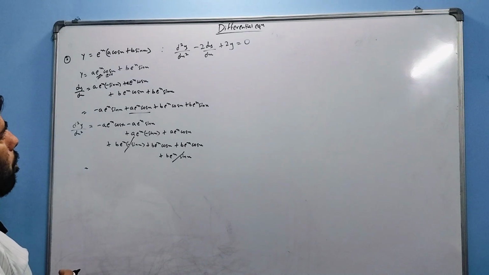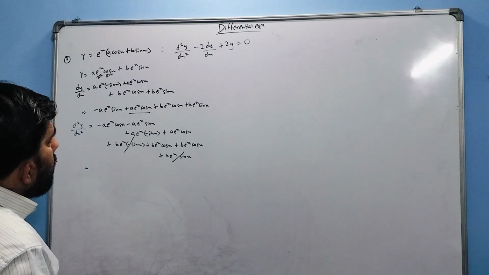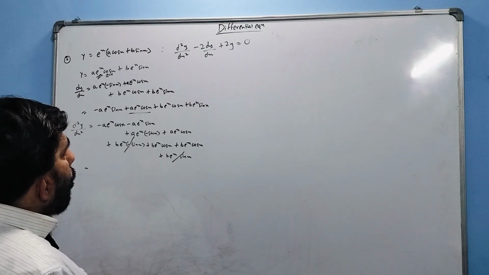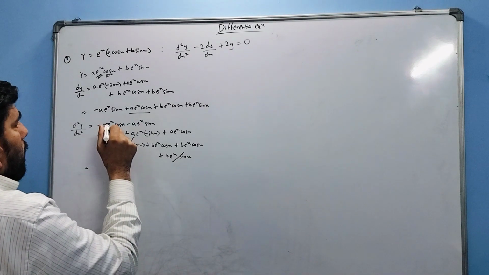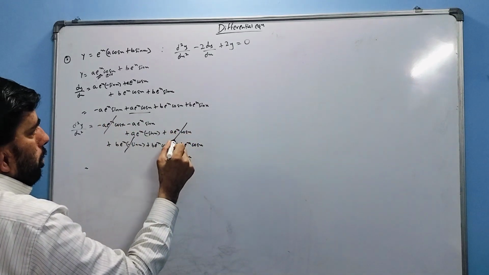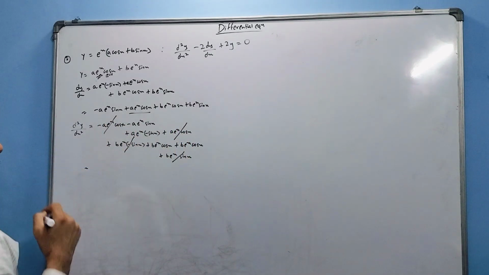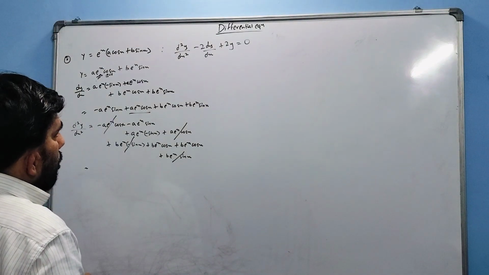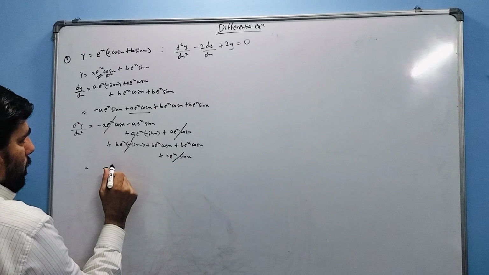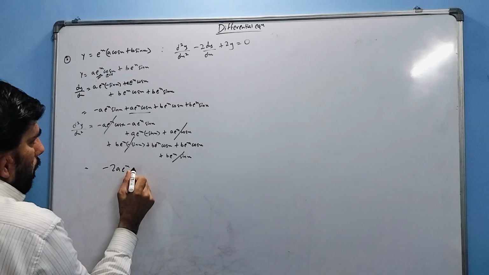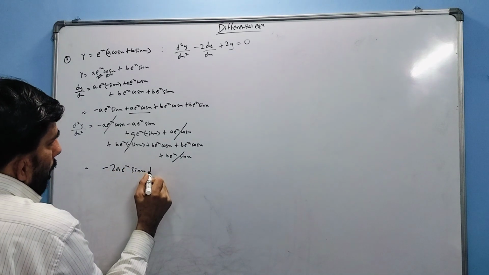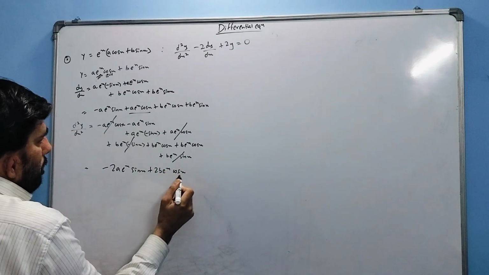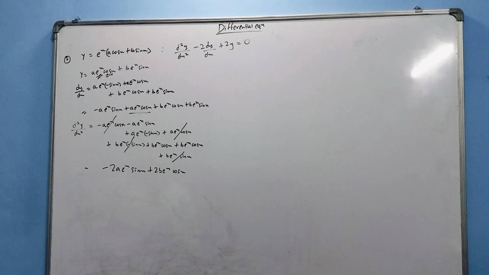Similarly, a e raised power x cos x is negative, so it is reduced. Now what else do we have? We can see minus 2a e raised power x sin x plus 2b e raised power x cos x. So we are left with this.